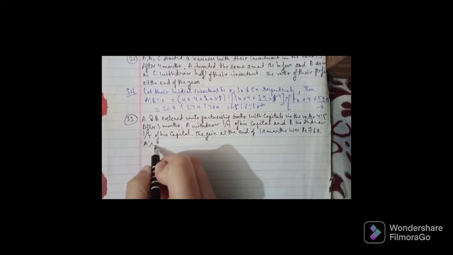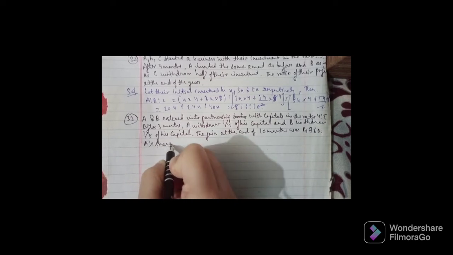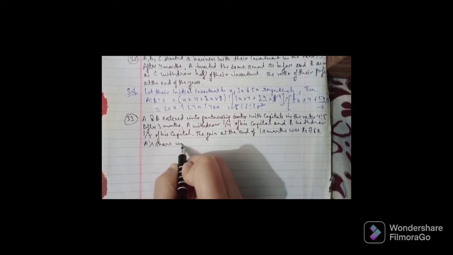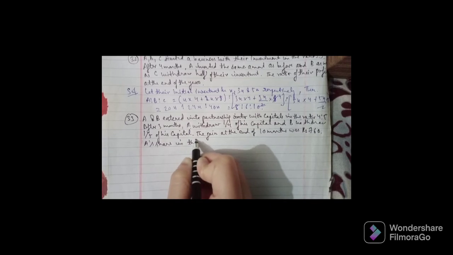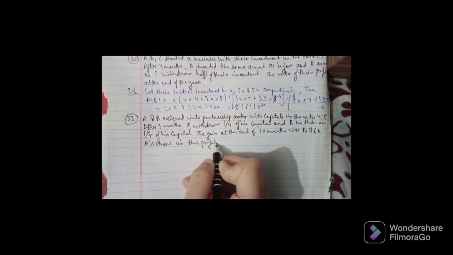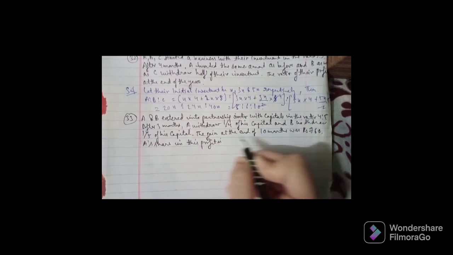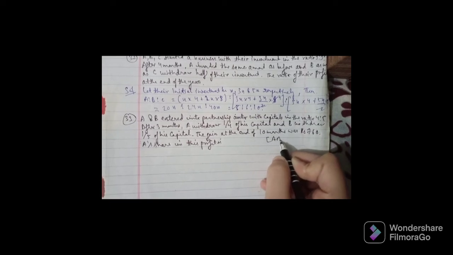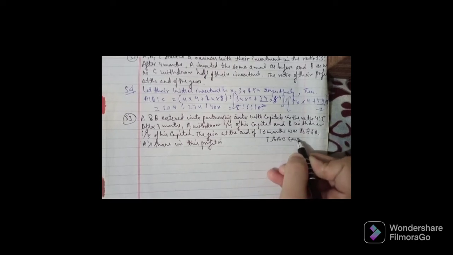So A's share in this profit? Yes, this was asked in the AAO exam, and it is an important one. The options are 330, 360, 380, 430. So let's find out the solution for this.